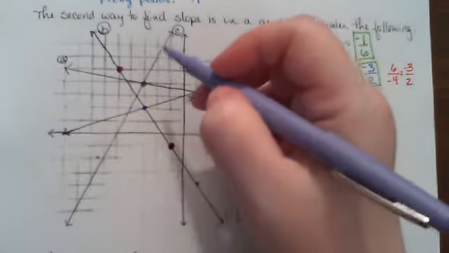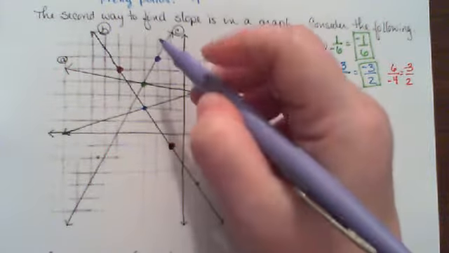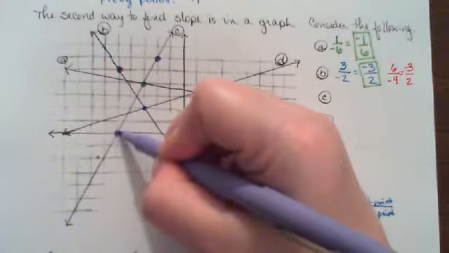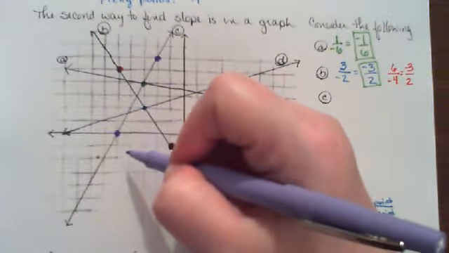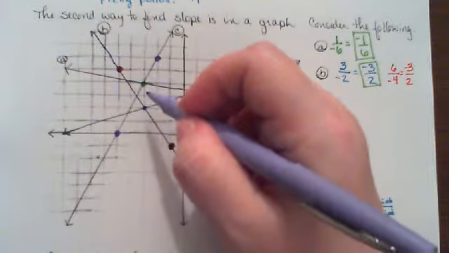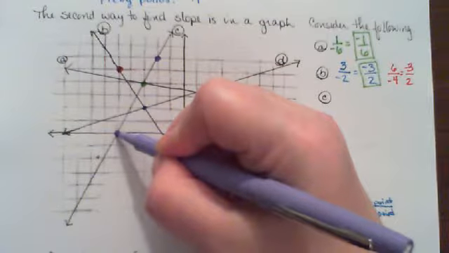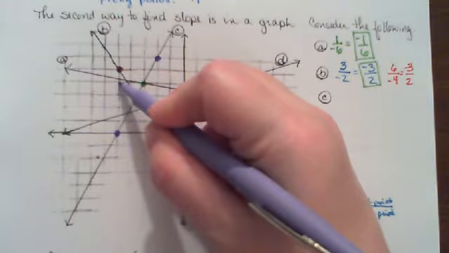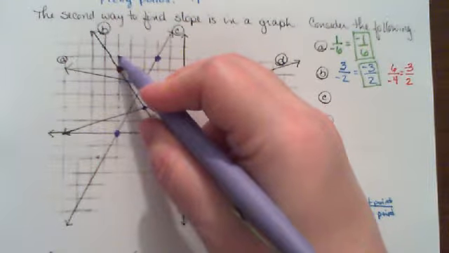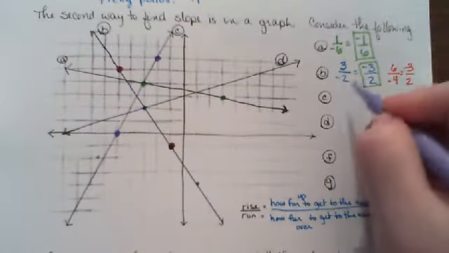So for C, I can use this point right here. Now I'm going to come down here and use this point right here. It might not be the closest, but they're both apparent to me. They both jumped out. So from here, I count up 1, 2, 3, 4, 5, 6, and then I go over 1, 2, 3.